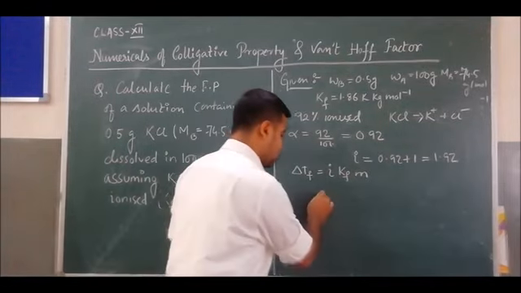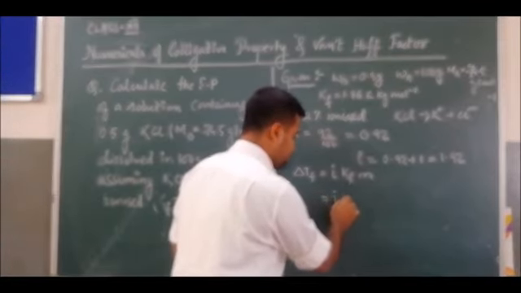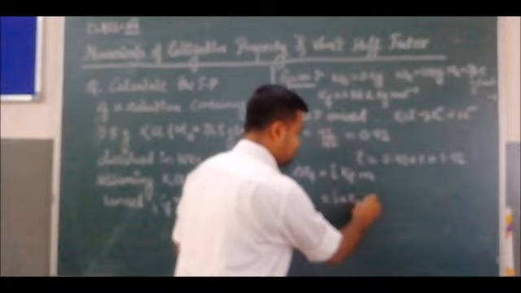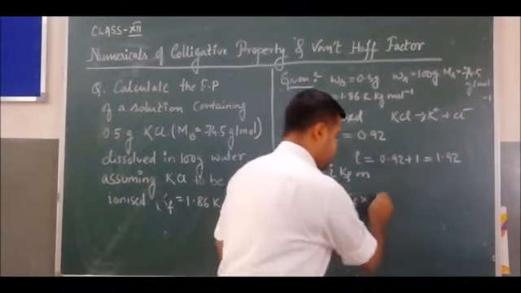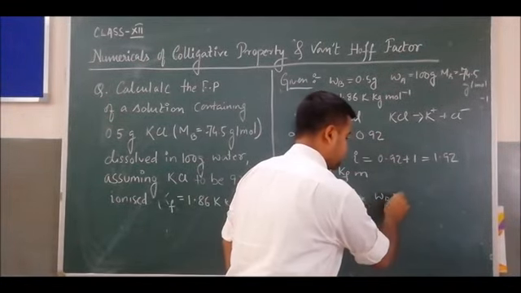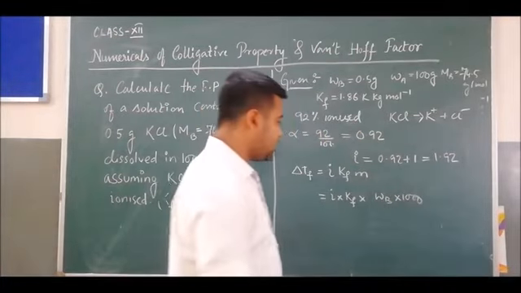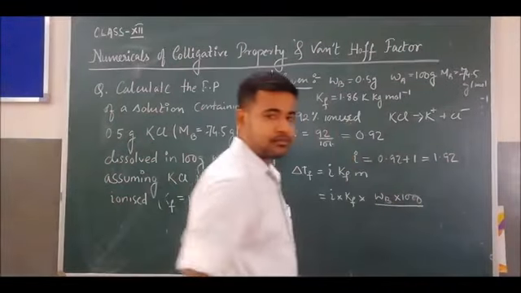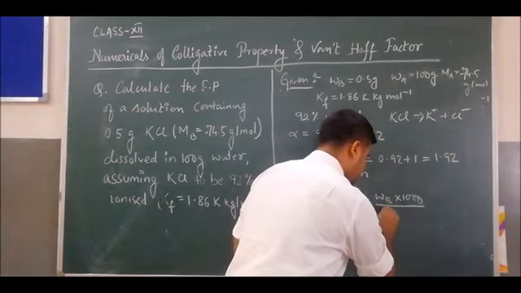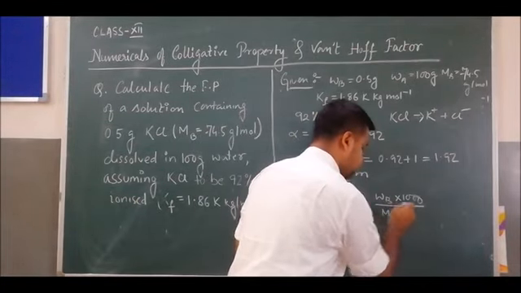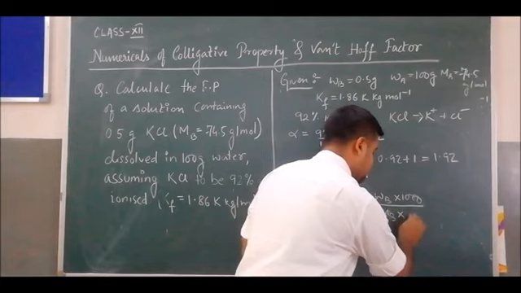Molality can be written as mass of the solute into 1000, divided by molar mass of the solute into mass of the solvent.